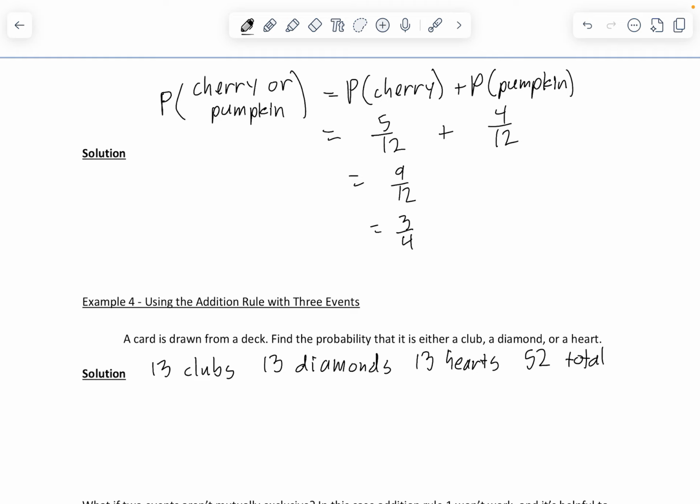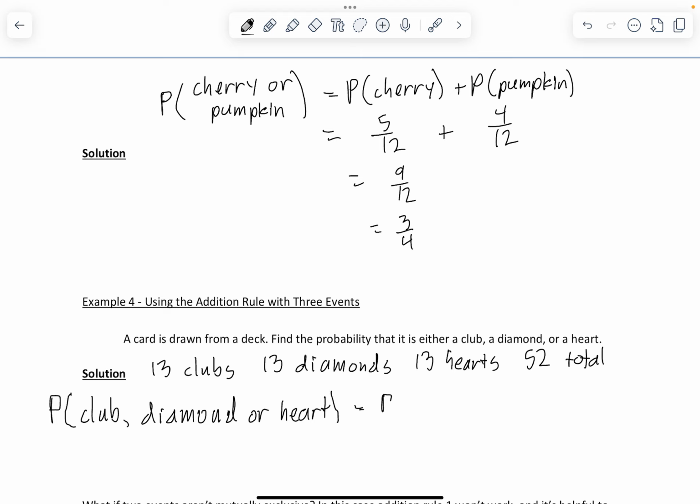So we'll say probability of club, diamond, or heart is equal to probability of club plus the probability of diamond plus the probability of heart.